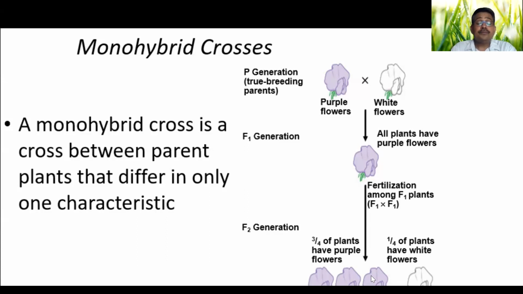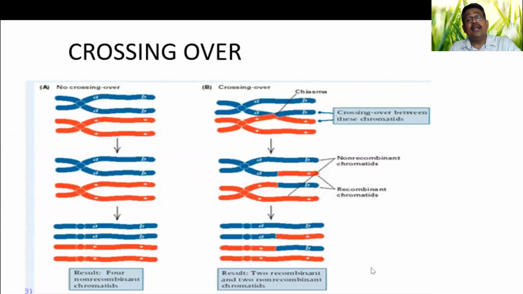Okay. This is another pictorial representation to explain the crossovers. I told you, when homologous chromosomes pair with each other, there is an exchange of chromosome segments.